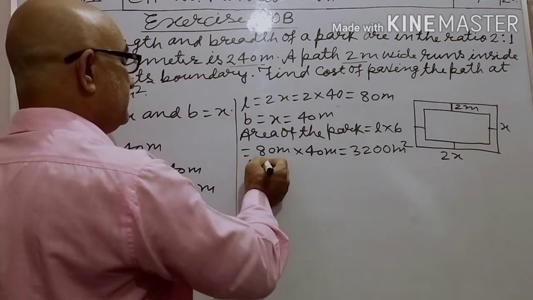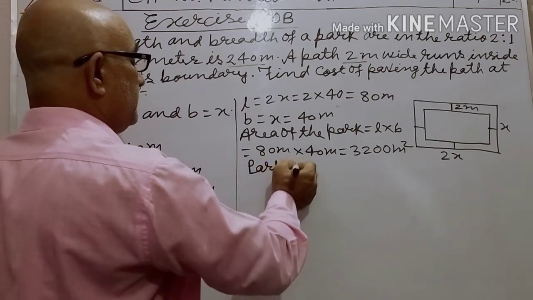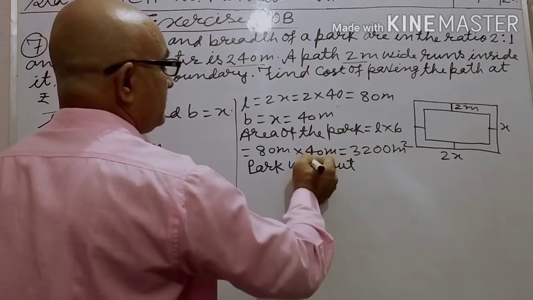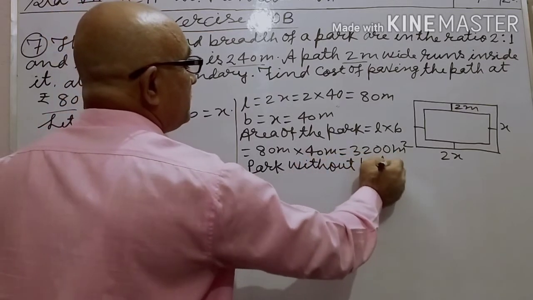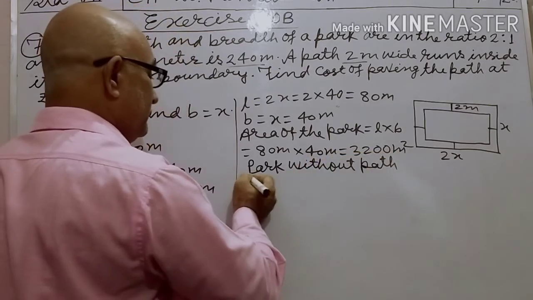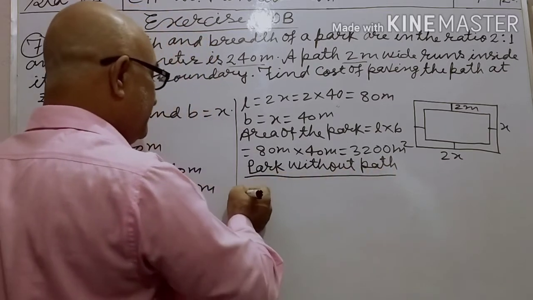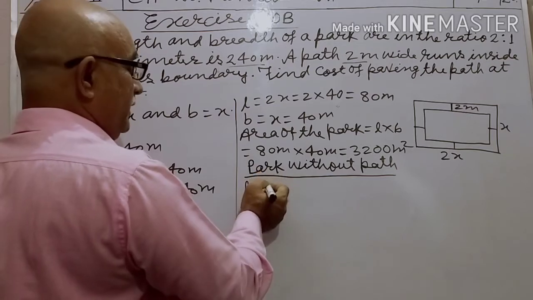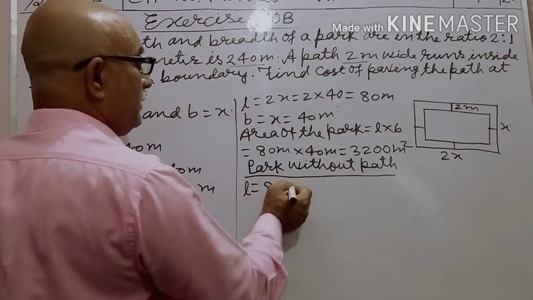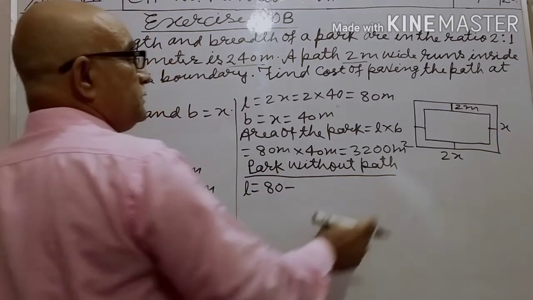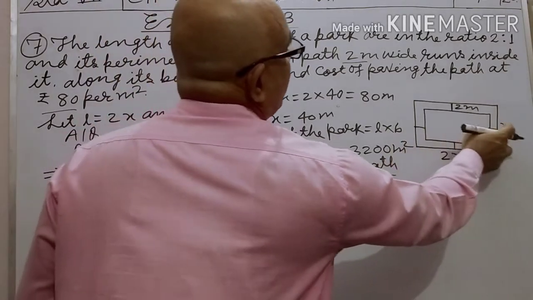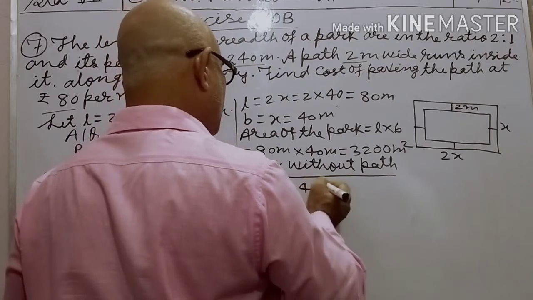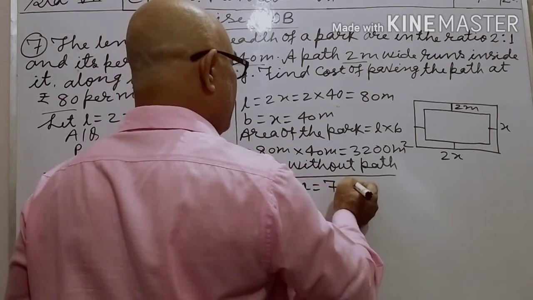Park without path. Length equals 80 meter minus 2 meter this side and 2 meter that side, so 4 meter, equal to 76 meter.